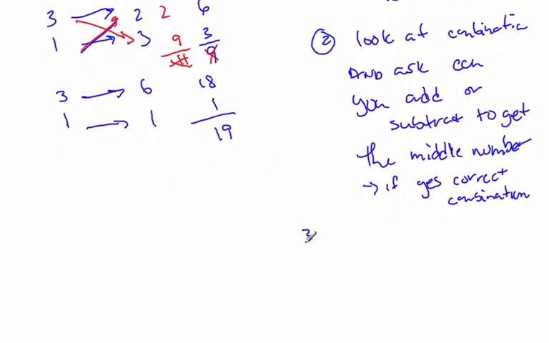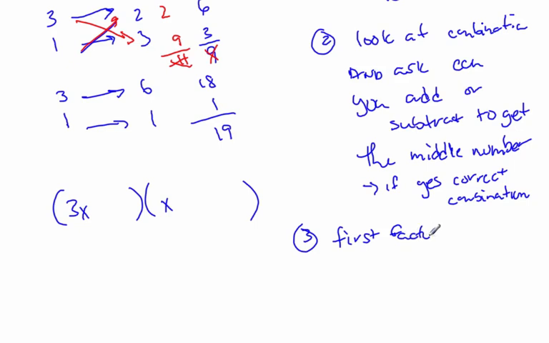The next step is to put it in parentheses. These first factors go in the first cell with the x. So first factors in first positions. And then we need to figure out what we did to get the 18 and that 1.